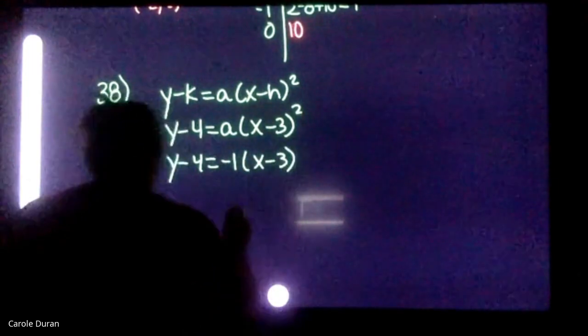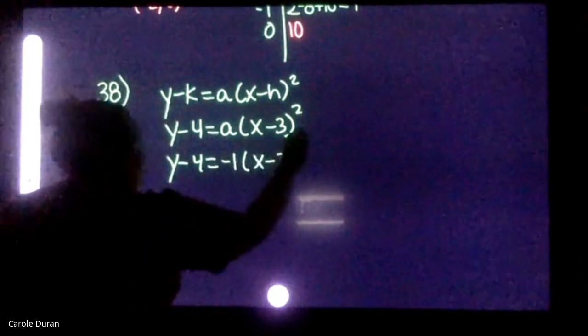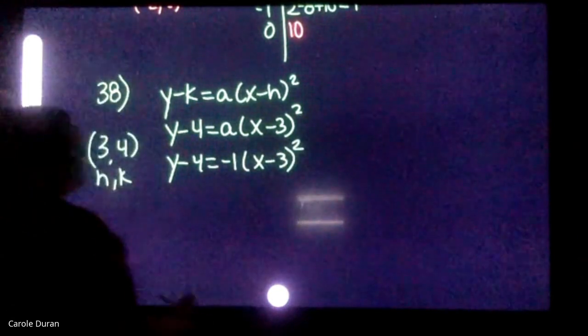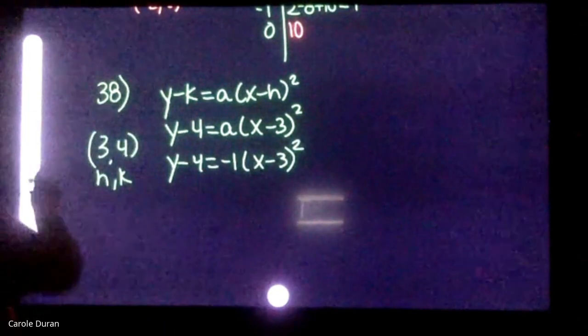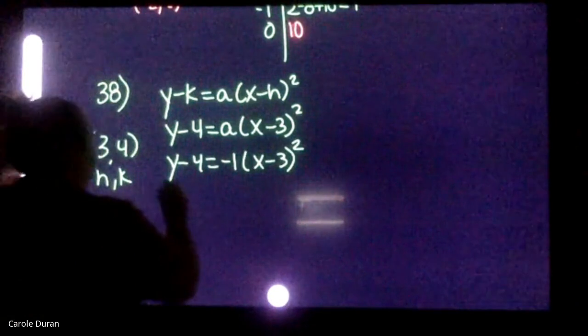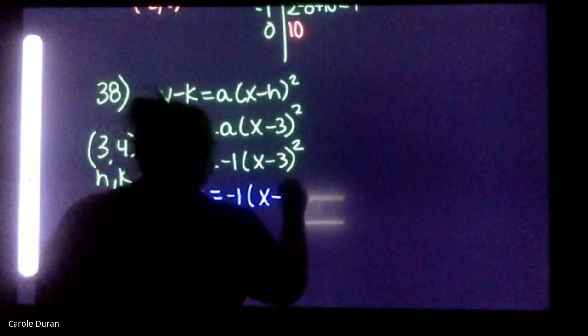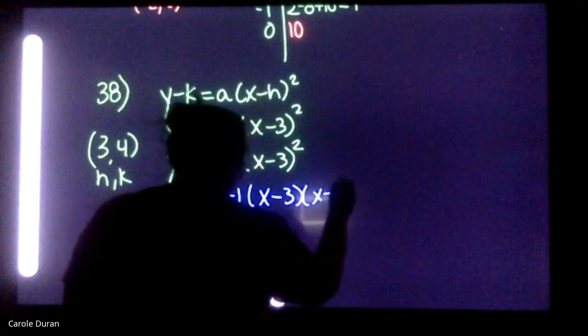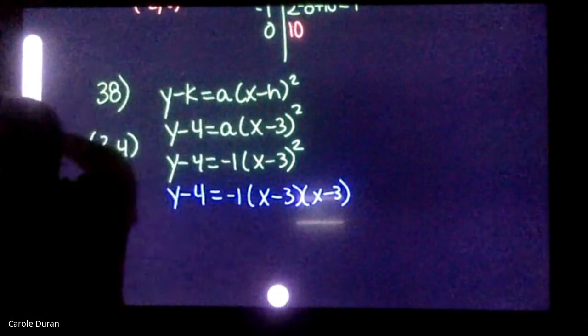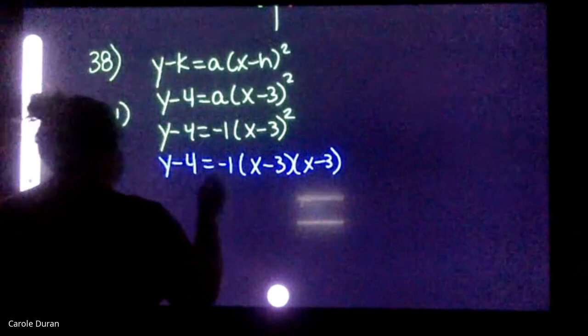Once I identify that a value, I just go ahead and I'm going to FOIL out the x minus 3. I'm going to distribute the -1, and I'm going to add the 4 over. So what I have now is -1 times x minus 3 times x minus 3. We FOIL out that x minus 3 squared.